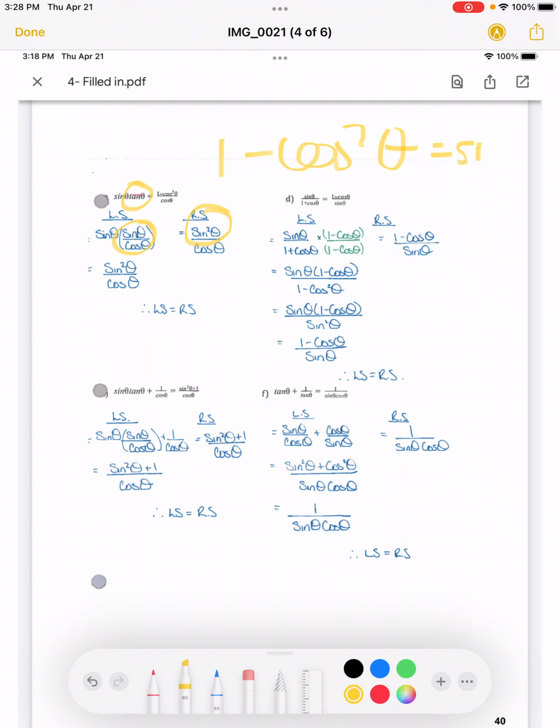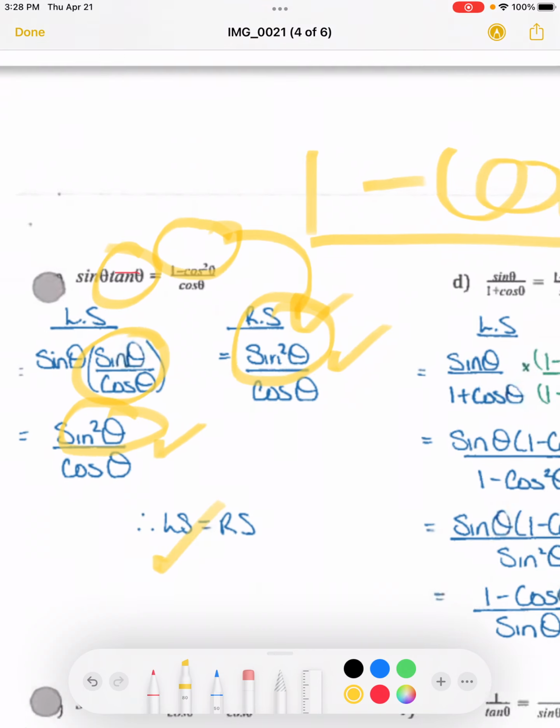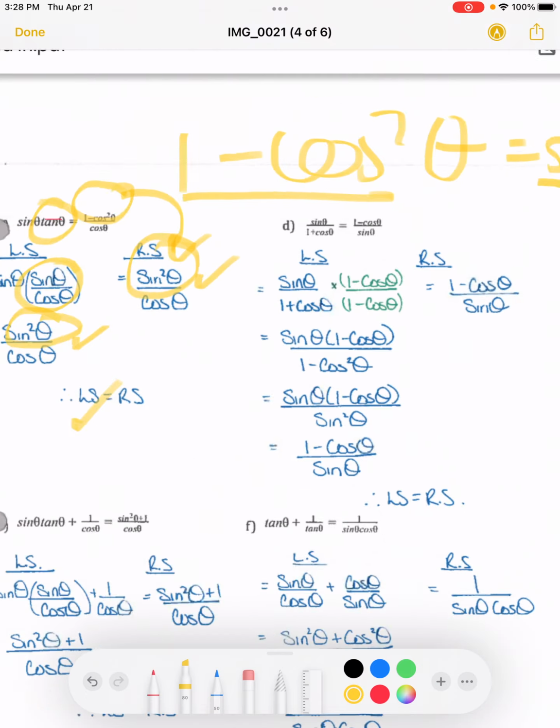Remember we had this? So we replace sine squared theta. You can either replace this side with that, or you can replace sine squared theta with this. Either way, you're going to get left side equals right side. You can replace the 1 minus cos squared theta with sine squared theta to get this, which is equal to what's on the left side. And you're done.